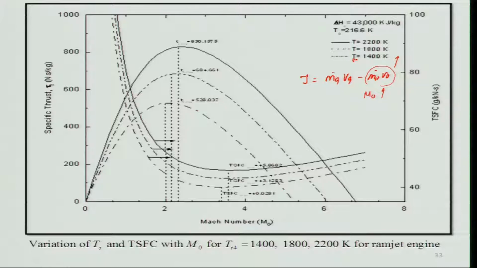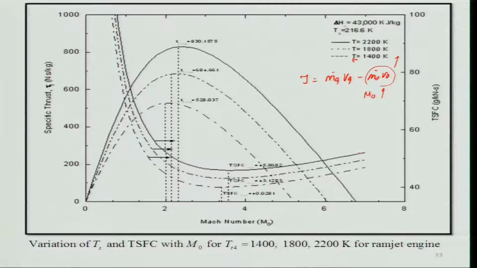There is another interesting thing you can look at, that is the specific thrust. It decreases, right? At a lower Mach number it is quite high, and as the flight Mach number increases, it reaches a small value.